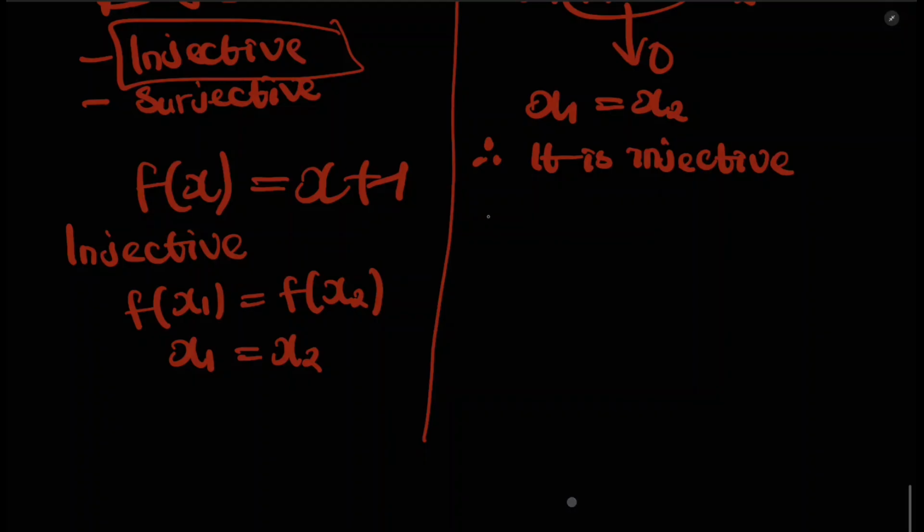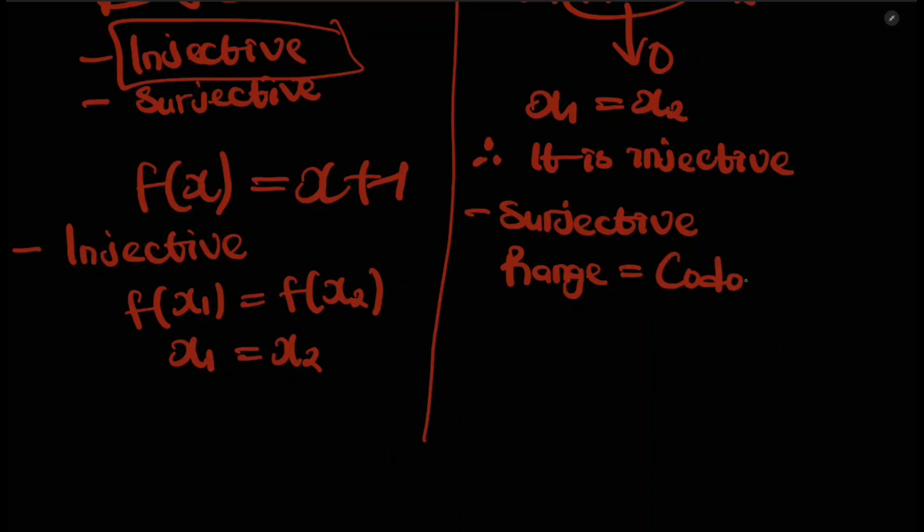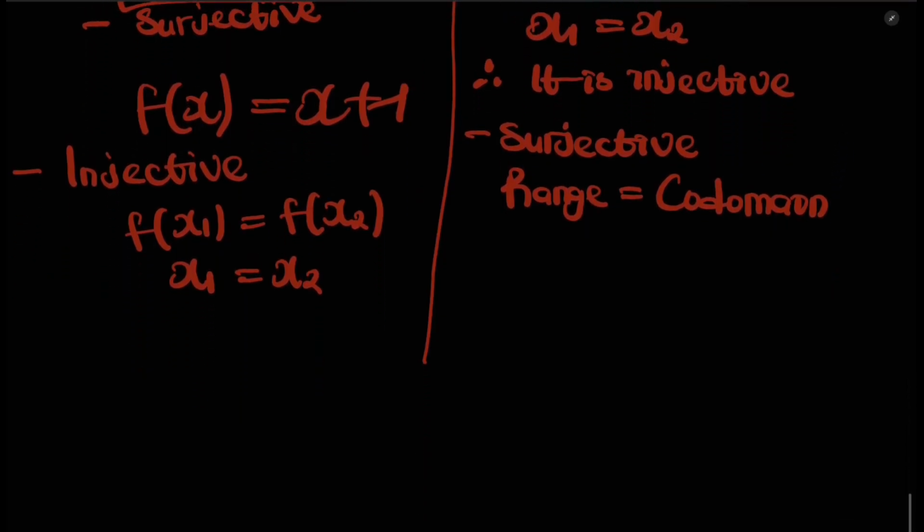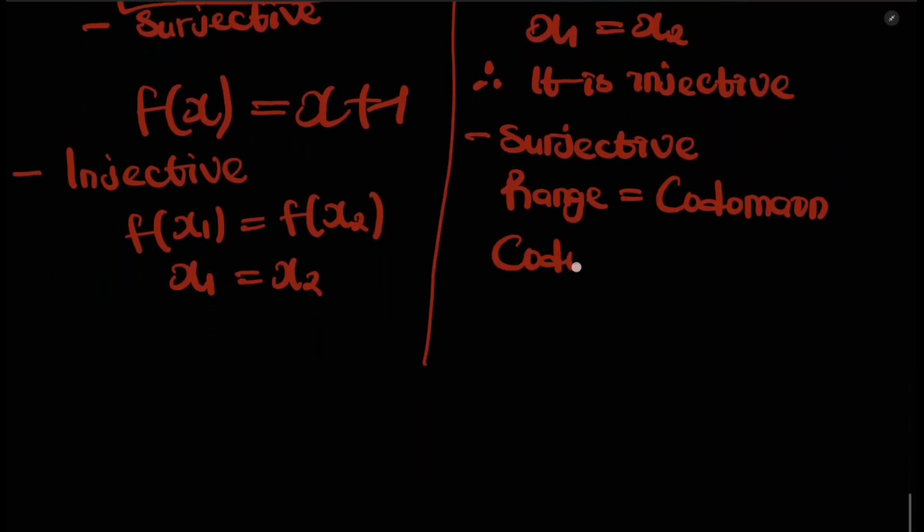And then secondly, for surjectivity, remember I said the range should be equal to the codomain. And the codomain is equal to a set of real numbers, a set of all positive outputs, which are the real numbers.